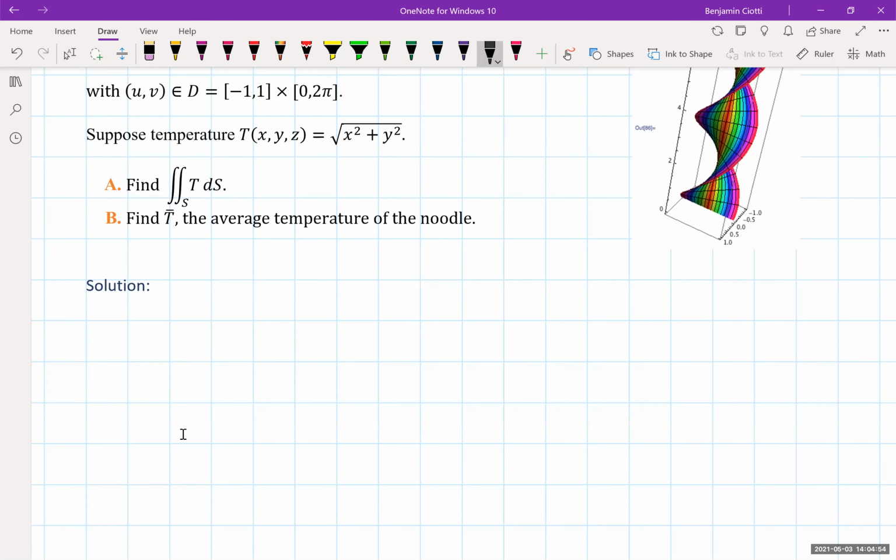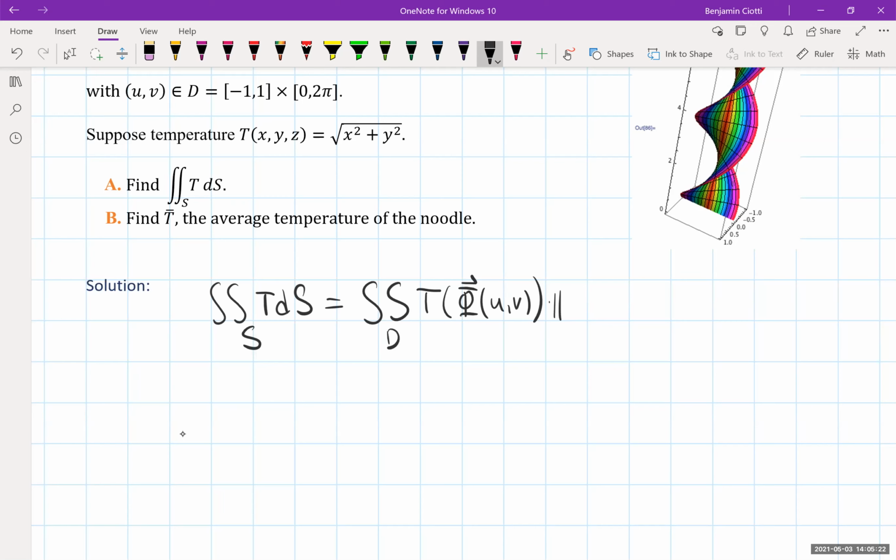So we're going to use our new formula to do part A, which is that the integral of T over the surface is the integral of T of the parametrization over the domain of the parametrization times the surface area element, the norm of T_u cross T_v, du dv.